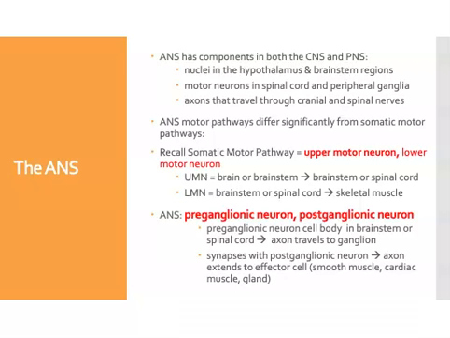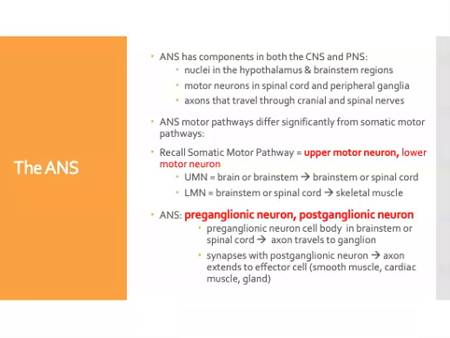In the autonomic nervous system, we don't have this upper motor neuron, lower motor neuron arrangement. Instead, we talk about a preganglionic neuron and a postganglionic neuron. Now, the preganglionic neuron cell body is going to be found in either the brainstem or the spinal cord. And the axon is then going to travel off to some ganglion in the peripheral nervous system.